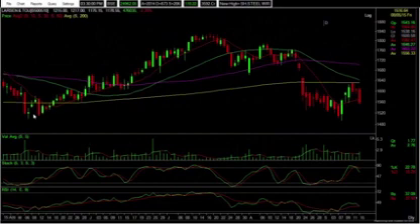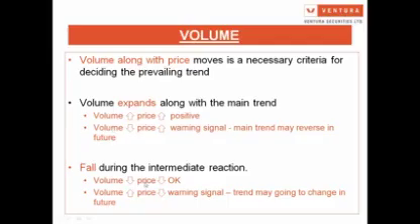Now if you see, whenever it is moving upward, the volume is higher, and when it comes down, volume is thin. Again, if you see in this area, the volume is thin. So during the reaction, volume is thin, but during the up move, volume is higher. So it gives the signal that the trend is a bullish trend.